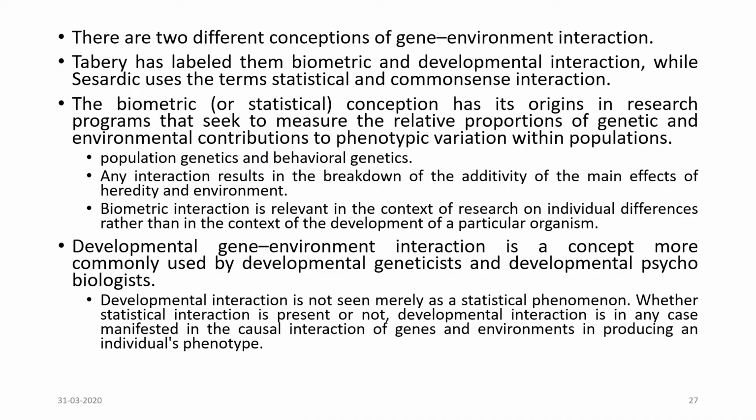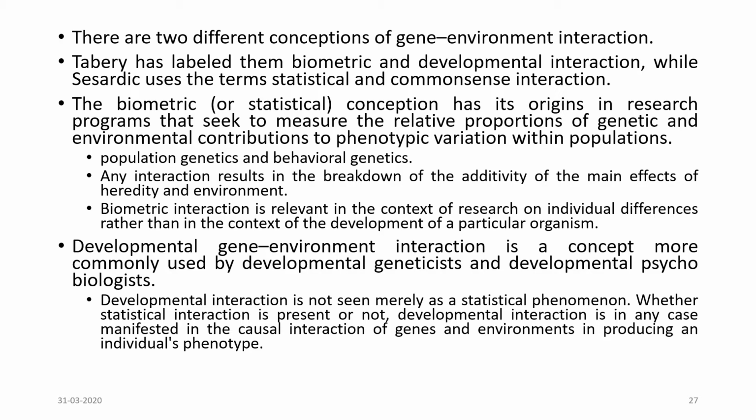So there are two different concepts of gene environment interaction. Some people study this concept based on statistical methods, and some monitor developmental gene and environment interaction. The statistical or biometric conception has its origin in a research program that seeks to measure the relative proportion of genetic and environmental contribution to phenotypic variation within the population.